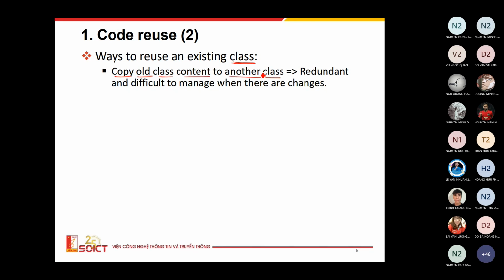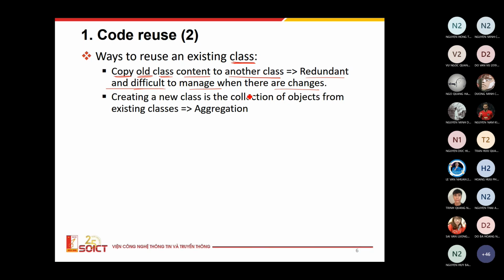Of course, this way is a little redundant and difficult to manage when something changes in the original class. The second way is to create a new class which is a collection of objects from other classes, and we call it aggregation. Kết tập, kết hợp, tập hợp, đúng không? Các đối tượng thuộc các lớp mà chúng ta đã định nghĩa nhé.